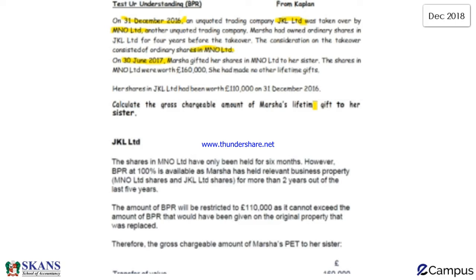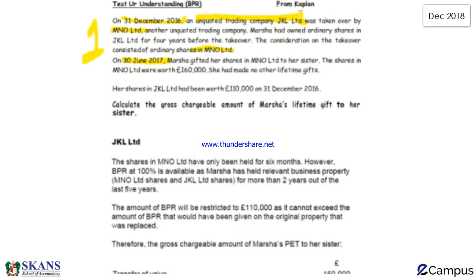Now, we have to consider, although MNO Limited is an unquoted trading company, whether the minimum period of ownership was complied with or not, which is certainly 2 years in this case. But we can see, as MNO Limited shares were acquired as a replacement of previous relevant business property, that was JKL Limited, surely she can apply the exception to the rule of replacement property.